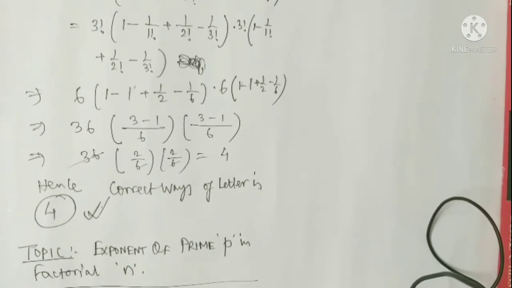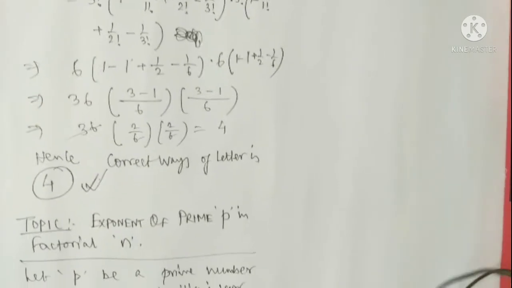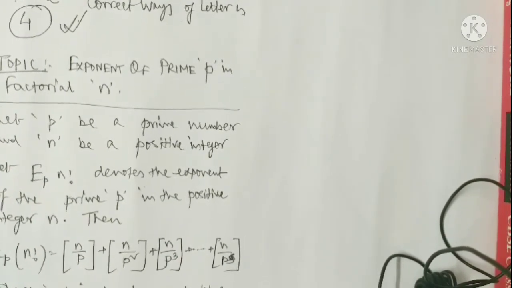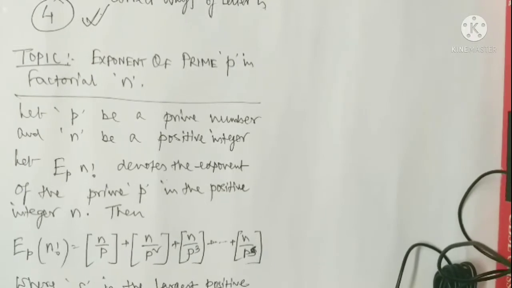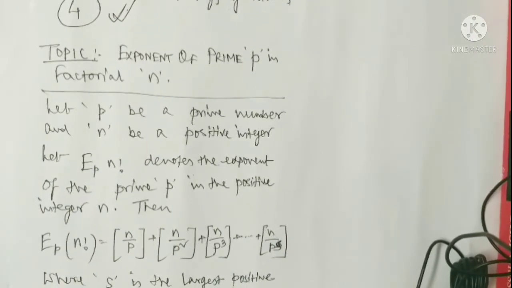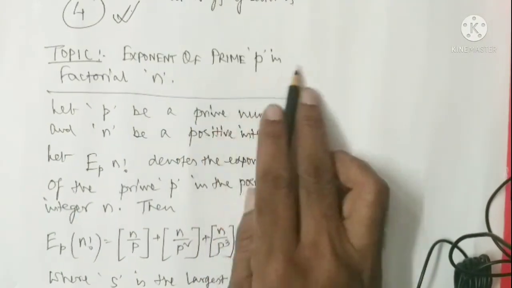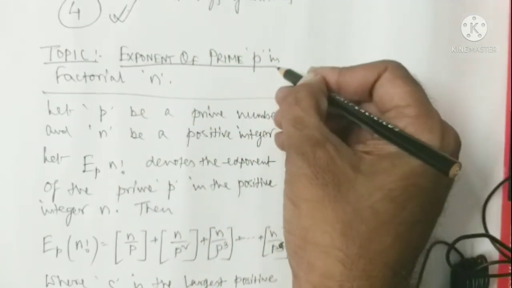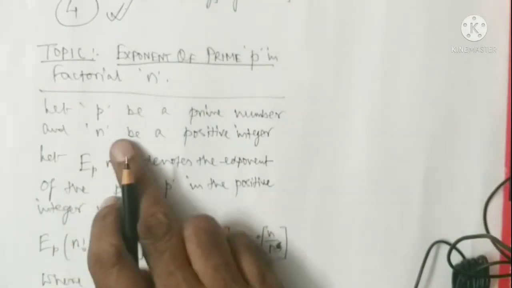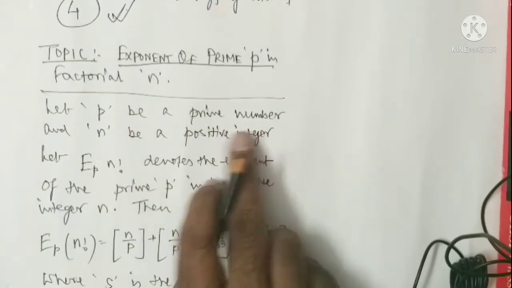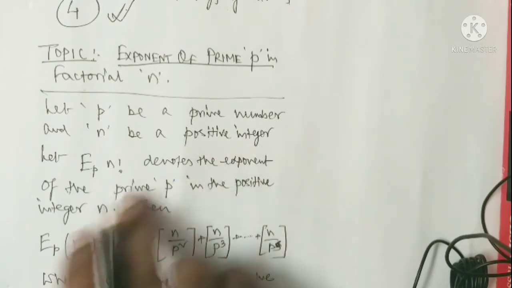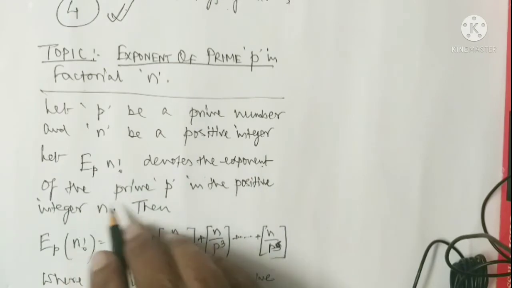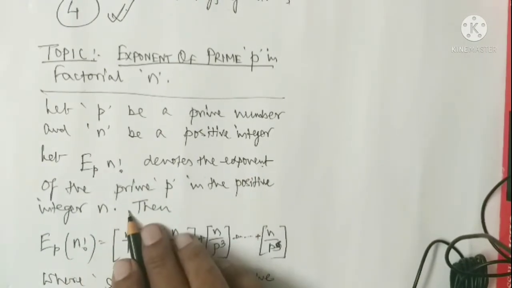Now we mention a special type of problem structure: the exponent of prime p in n factorial. Let p be a prime number and n be a positive integer. Let Ep(n!) denote the exponent of the prime p in n!.